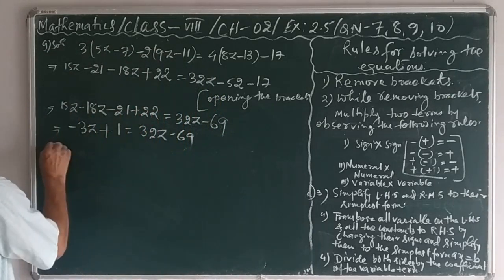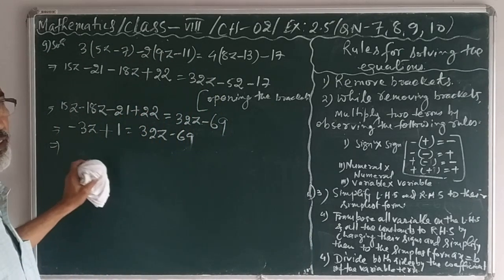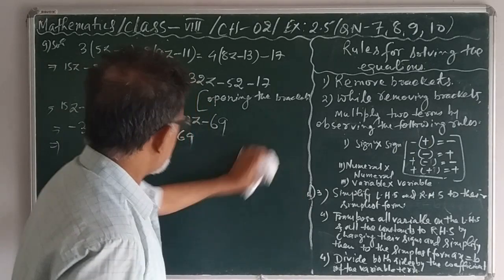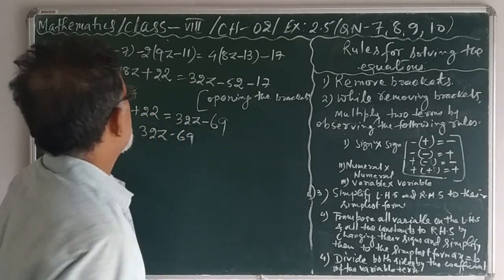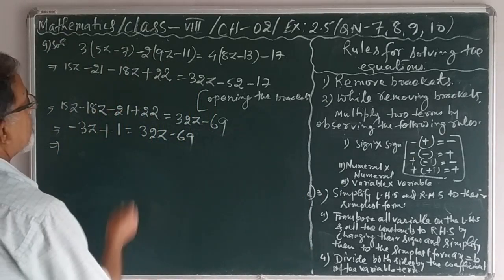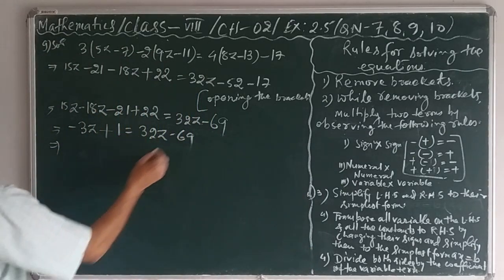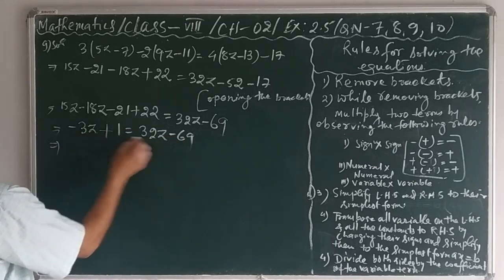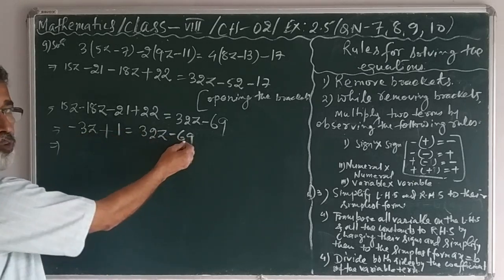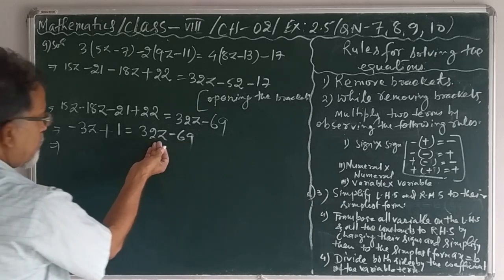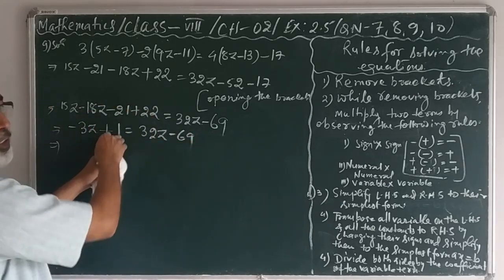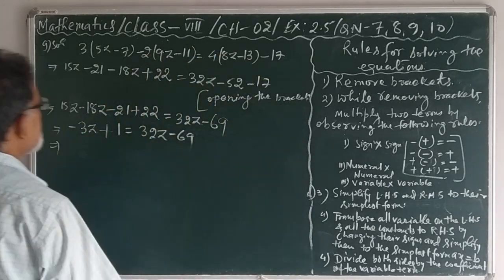And whenever you simplify, you will concentrate. Here this is a variable term and this is a constant term, so this variable term will be transposed from RHS to LHS, and this constant from LHS to RHS.